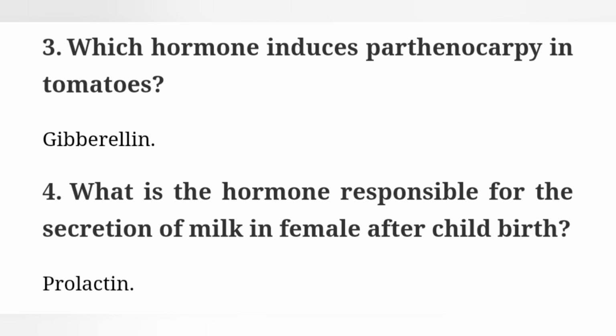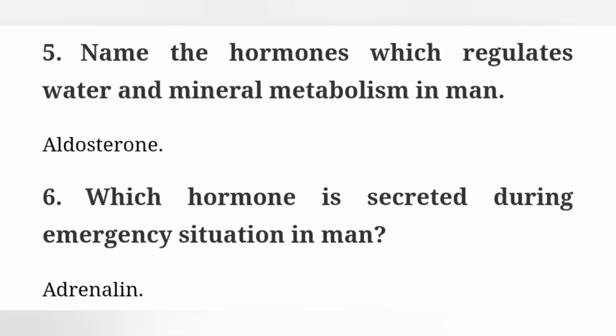Fourth one, what is the hormone responsible for the secretion of milk in females after childbirth? Prolactin. Fifth one, name the hormone which regulates water and mineral metabolism in man. Answer, aldosterone.